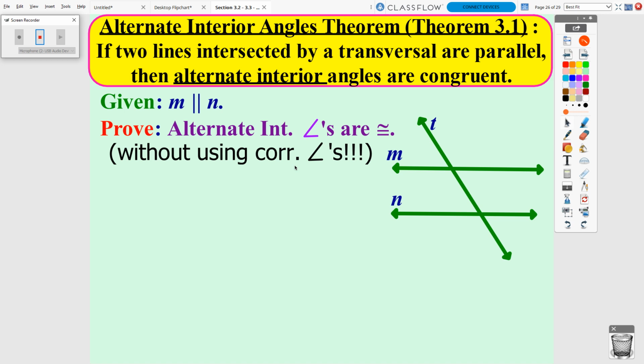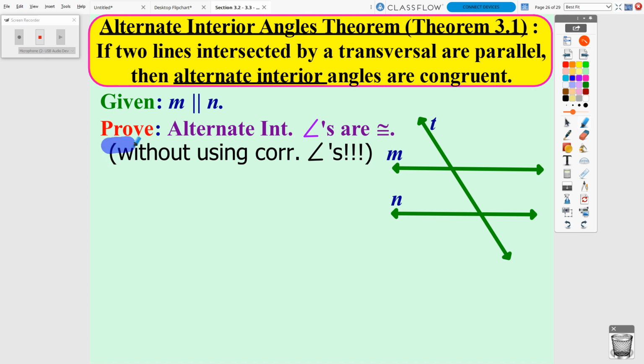When we did this, we used corresponding angles, and the corresponding angle helped bring our alternate interior angles together. But now we're going to look at this in a slightly different, more challenging way, just to get you to see proofs that can be done in more than one way.